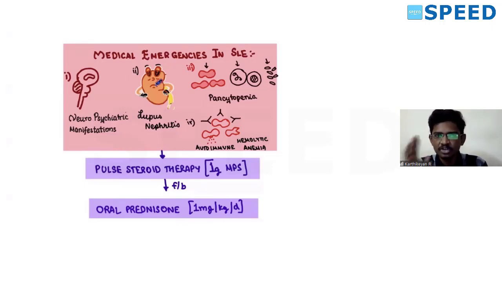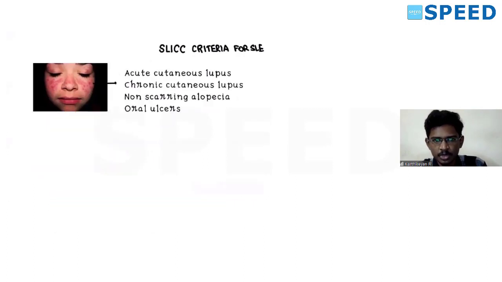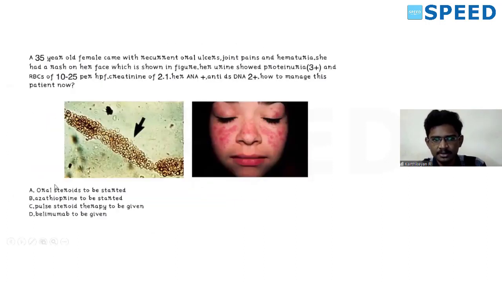We'll be giving pulse steroid for 3 days, followed by oral prednisolone till the flare-up is reduced. So in the options, what are you going to choose? It's nothing but pulse steroid therapy. Hope you found this discussion useful. Furthermore, high yield questions in the upcoming session. Thank you.